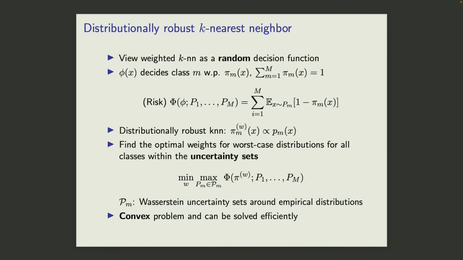So you can see this familiar minimax problem where the phi is now the risk associated with our classifier. And so we can view the classifier as a random decision function. You toss a coin, or a dice with different faces, and each face has the chance pi_m(x), and that's our decision function.